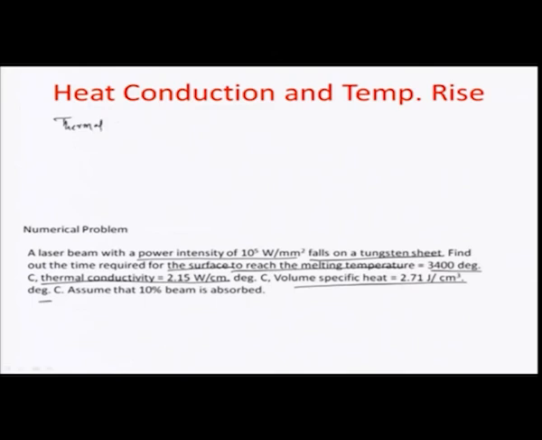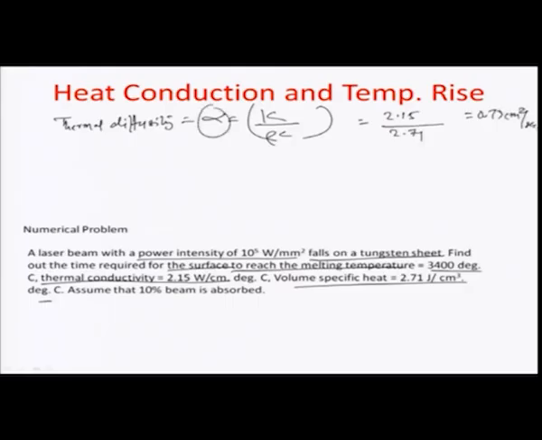So, let us look at thermal diffusivity first. Alpha is given by thermal conductivity by volume specific heat, k by rho C, and this is equal to 2.15 by 2.71, about 0.79. The units are centimeter square per second. So, alpha is calculated now, and we already know that the coupled beam power h is about 10% of the actual power, the actual power being 10 to the power 5 watts per millimeter square. So, this happens to be about 10 to the power 4 watt per millimeter square.